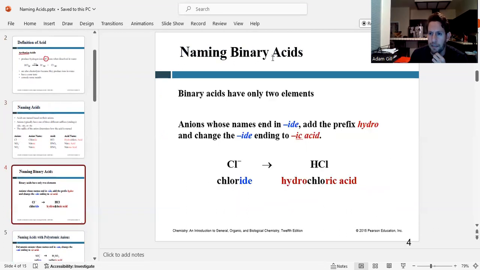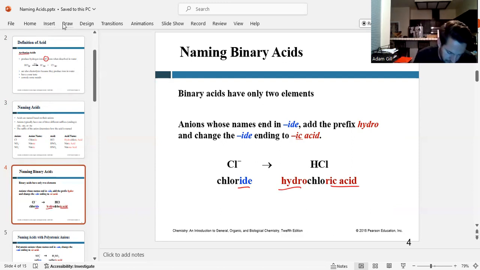Binary acids are those that have only two elements, hydrogen and one other anion element. And they typically end in IDE. So if the anion ends in IDE, we add the prefix hydro, and then we change the ending to ic acid. So chloride becomes hydrochloric acid.